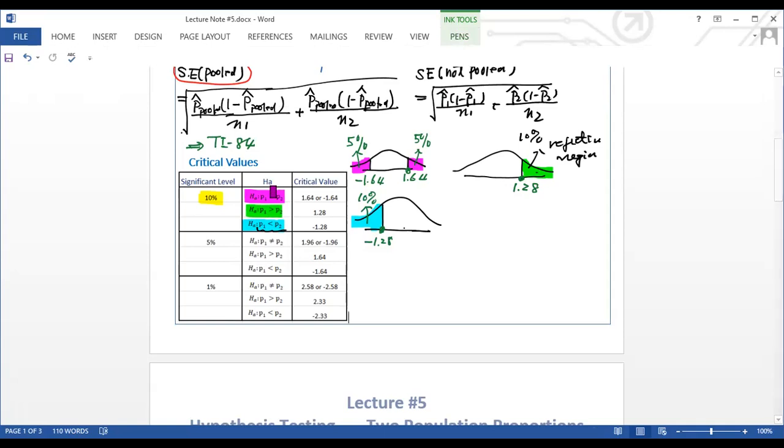You use what we call the Z table and the critical value, so it depends on your critical value.